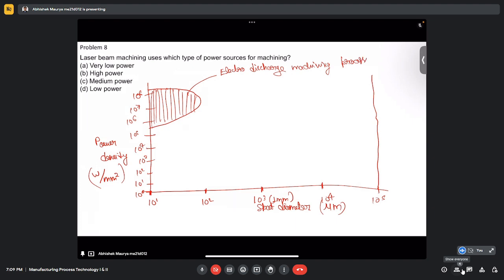So electro discharge machining has the highest power density known to us till date. After that, something like this comes. This is the region of laser beam machining. This is the working region of the laser beam machining.